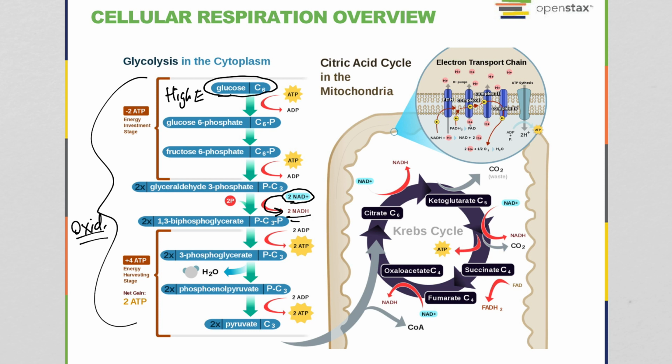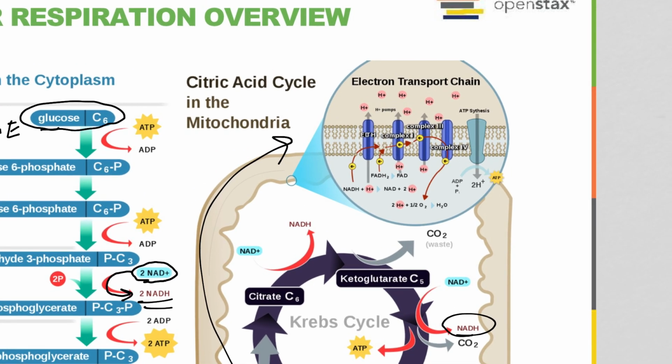And so the electrons wind up on NADH, and we make a little bit of ATP along the way. Same thing in Krebs cycle. We're going to be producing lots and lots of these NADH, and also FADH2 is a similar electron carrier, right? And in the end of all of it, those NADH and FADH2s are going to give their electrons to the electron transport chain, which uses them to make even more ATP.